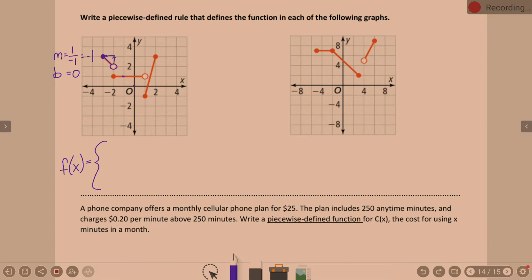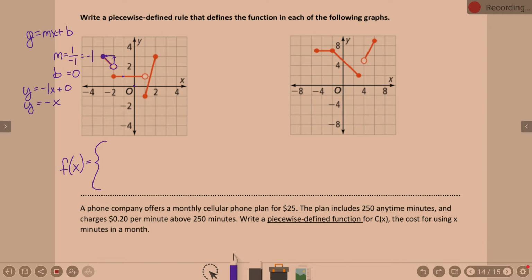And again, if we're going for that form, what is that equation going to be? Y equals negative 1x plus 0, which what do I write that as then? Negative x. We don't usually write the invisible 1 in front of an x, and we don't need to write a plus 0.